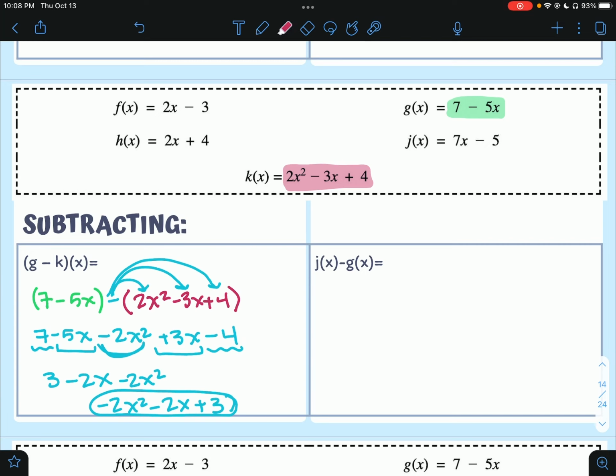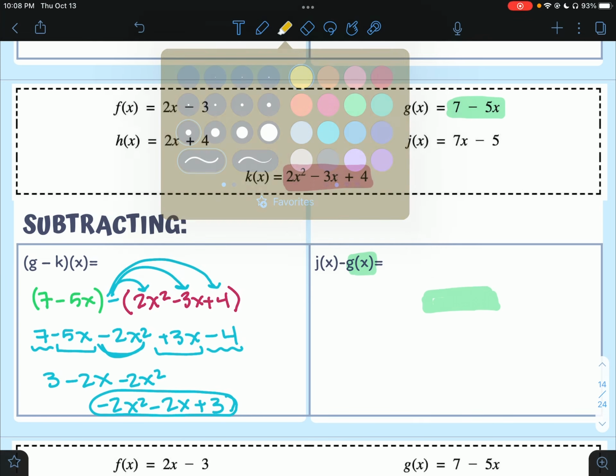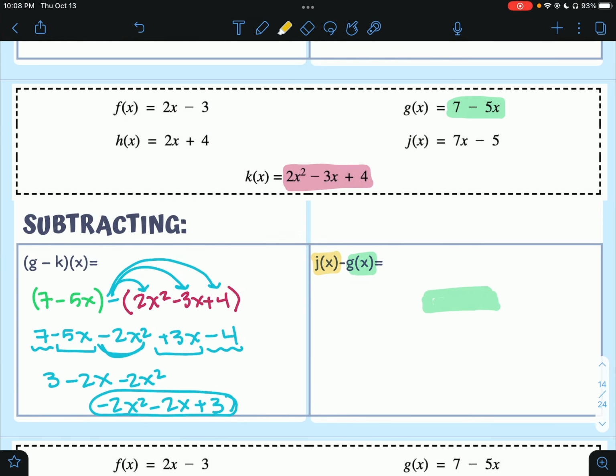Same thing if we wrote it a different way. Our g of x would go in one set of parentheses. Our j of x would go in another set of parentheses, and then we would subtract them.